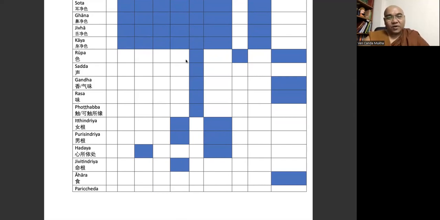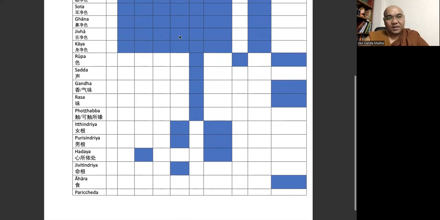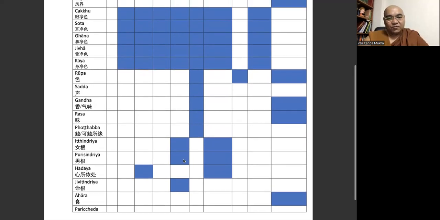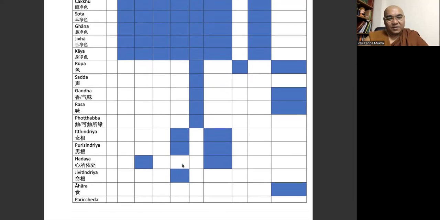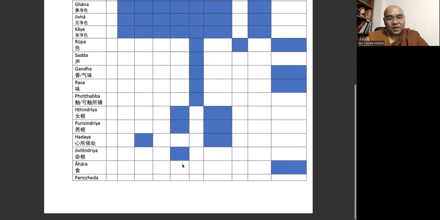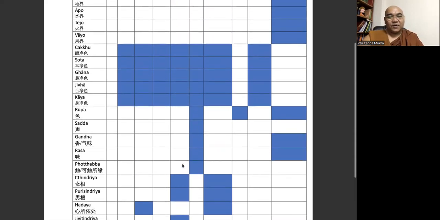So altogether 8 rupas: 5 pasada, 2 bhava, and 1 jivita. These rupas have controlling power in their respective places. That's why they are called Indriya rupa. The remaining 20 rupas don't have such controlling power in their respective places. That's why they are called anindriya rupa, non-faculty rupa.